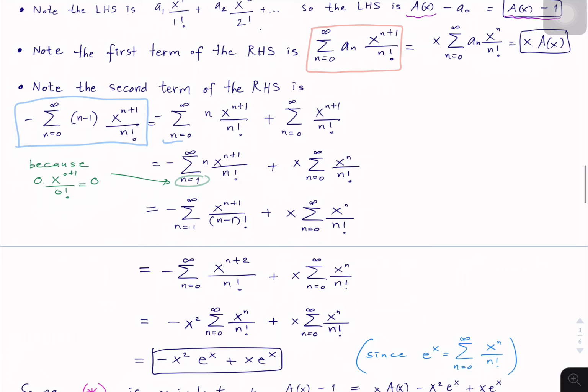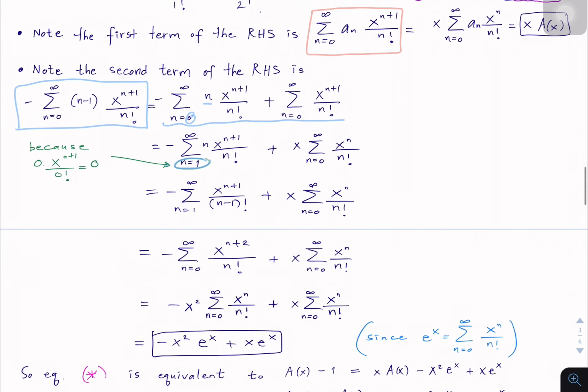So I get this, and then I will change the index here to 1, because if we're starting at 0, when n is equal to 0 the whole term just becomes 0, so it's fine to change the starting index to 1.